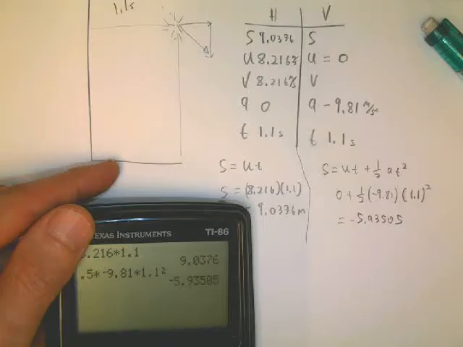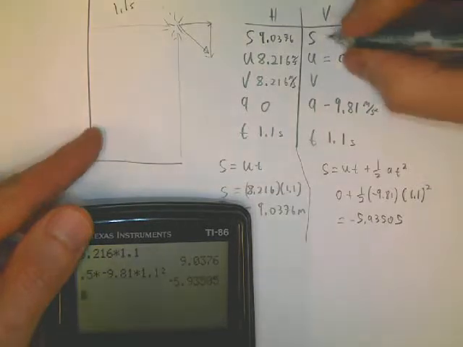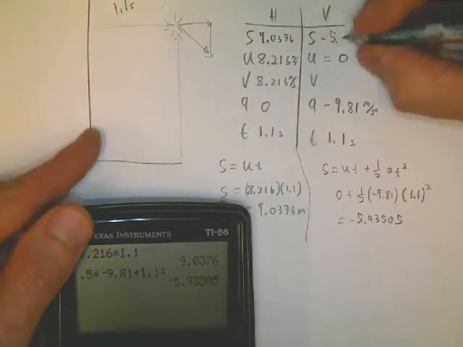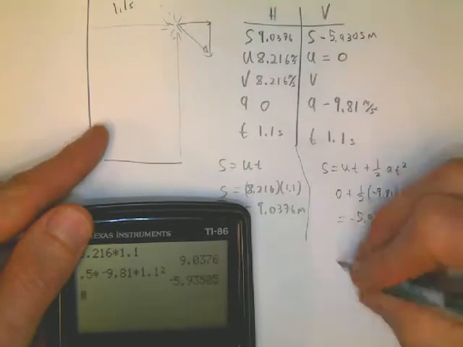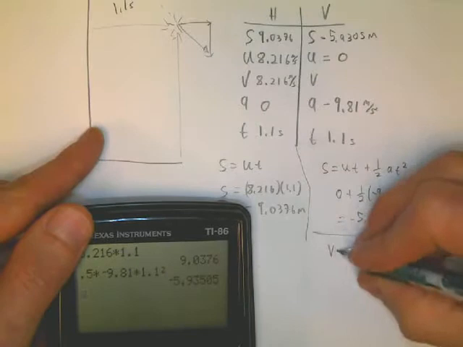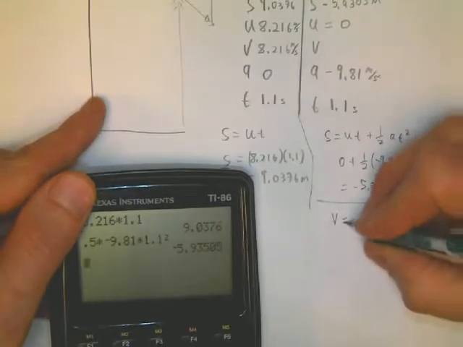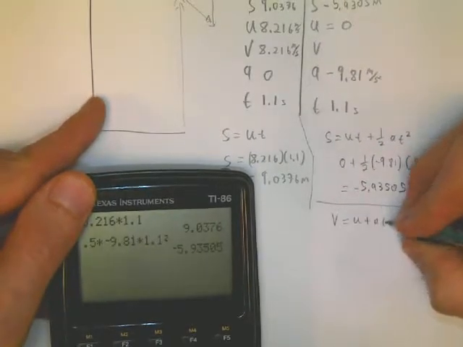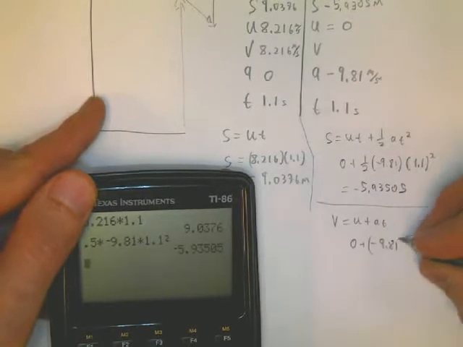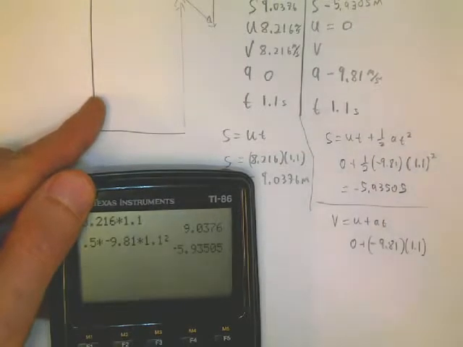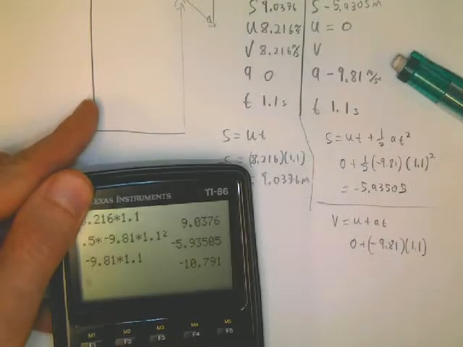And there's our answer in the calculator, -5.9305. So it means that we've gone down from the top 5.9305 meters, and then we can find the final velocity by just using v in the vertical direction. v equals u plus at, which is 0 plus -9.81 times 1.1, which looks like this on the calculator. I get -10.791.